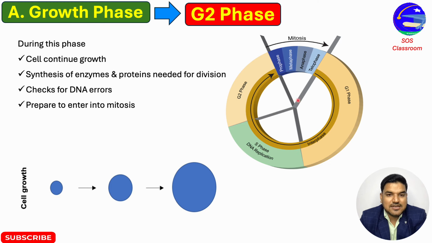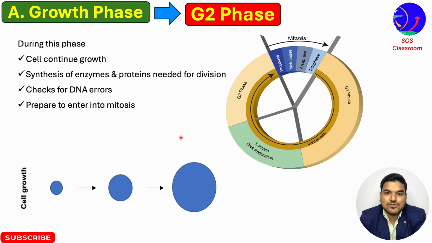So these are the interphase: G1, S and G2. G1 means growth of the cell size, growth of the cytoplasm, growth of the different types of proteins and enzymes, and preparation for synthesis. In the synthesis phase, synthesis of the centrioles and DNA replication, meaning formation of the DNA.